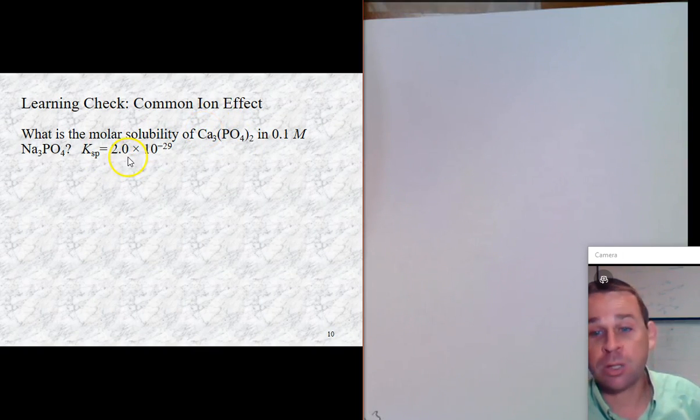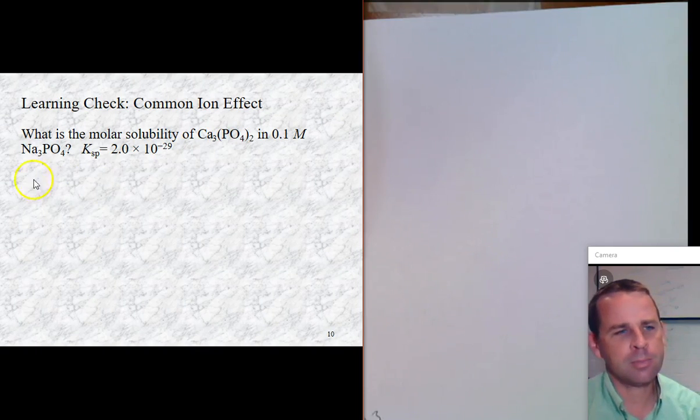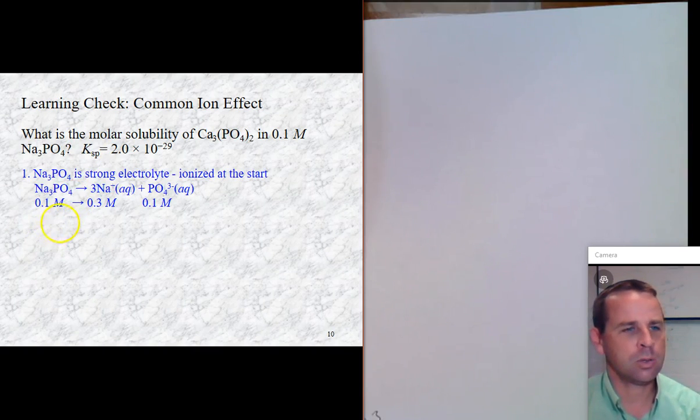We have the KSP here. We could identify the molar solubility of calcium phosphate, but it'll be different if there's already some sodium phosphate dissolved in solution. That's because sodium phosphate is a strong electrolyte and ionizes at the start, so you're going to have a certain concentration, again, 0.1 molar of this.